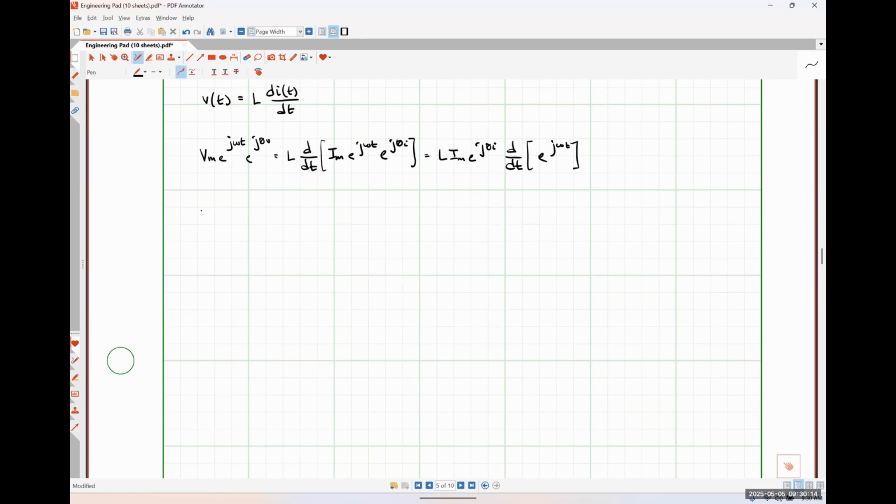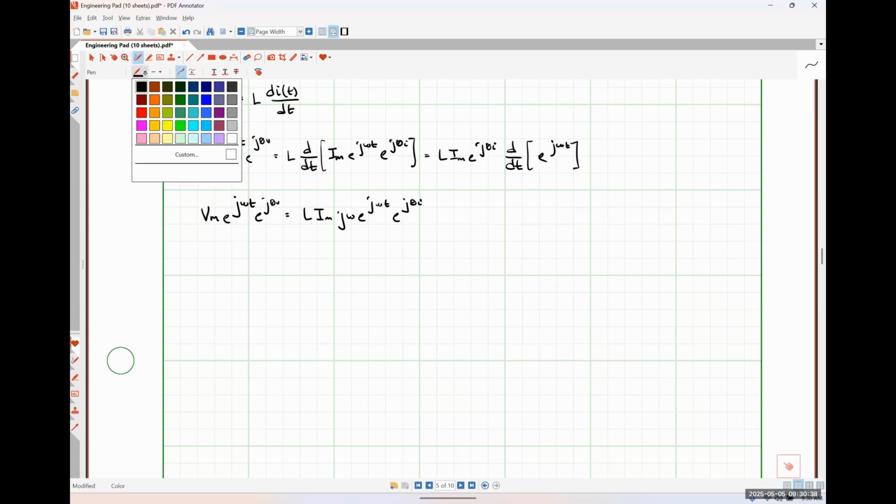So I have Vm e to the j omega t e to the j theta v is equal to L times Im times j omega e to the j omega t e to the j theta I. And once again, these e to the j omega t terms go away.